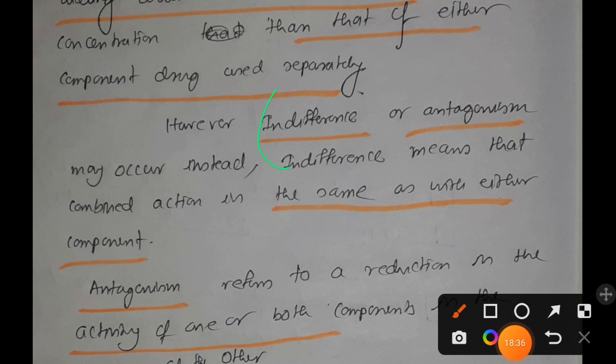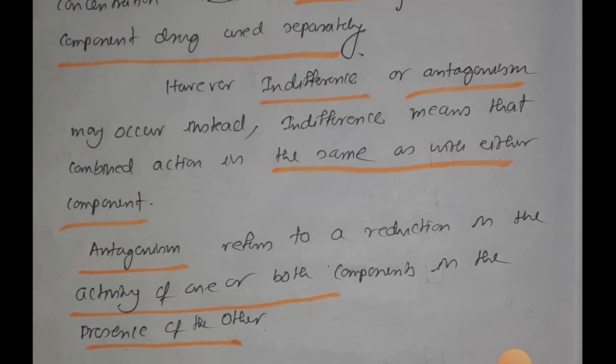Indifference mostly occurs when two or more antibiotics used in a mixture do not cause anything. That means the activity that we got when we used them individually is exactly equal to the activity that we have now when we use them in combination.